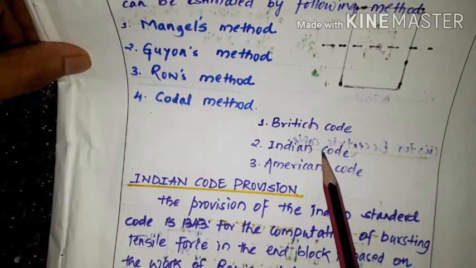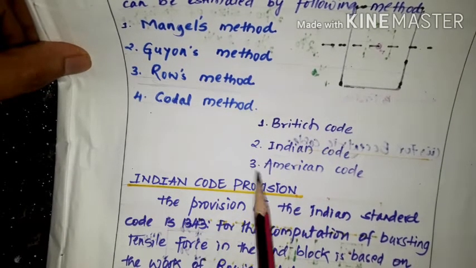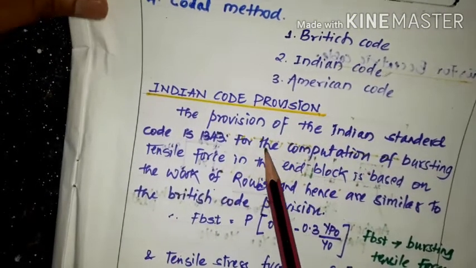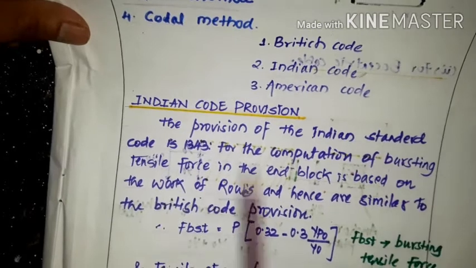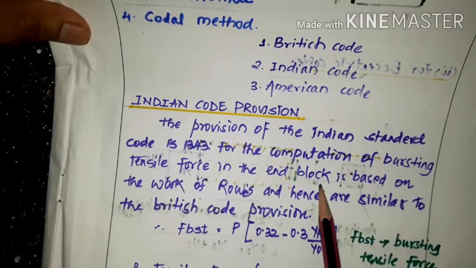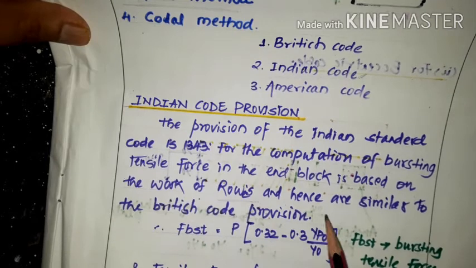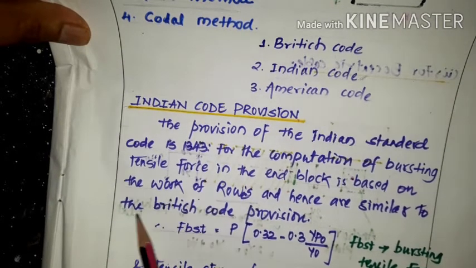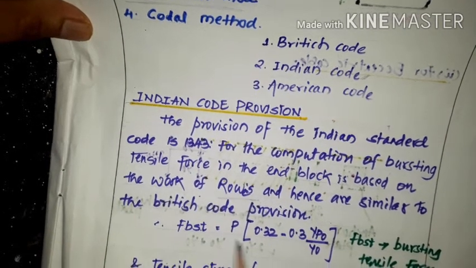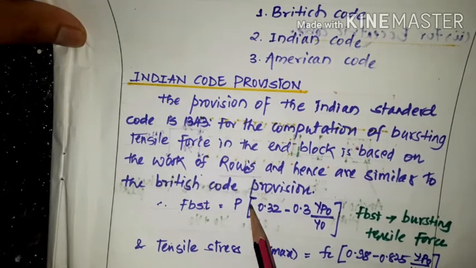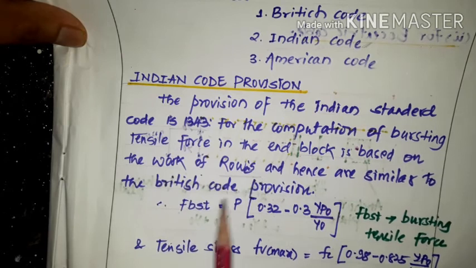So either you use the Indian code, the British code or the Rose theory, they are the same.